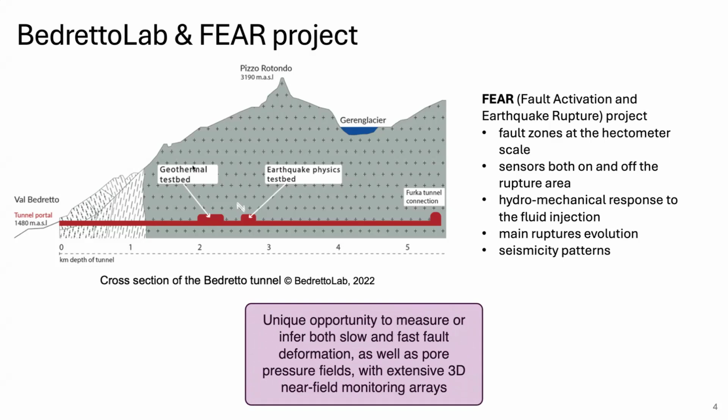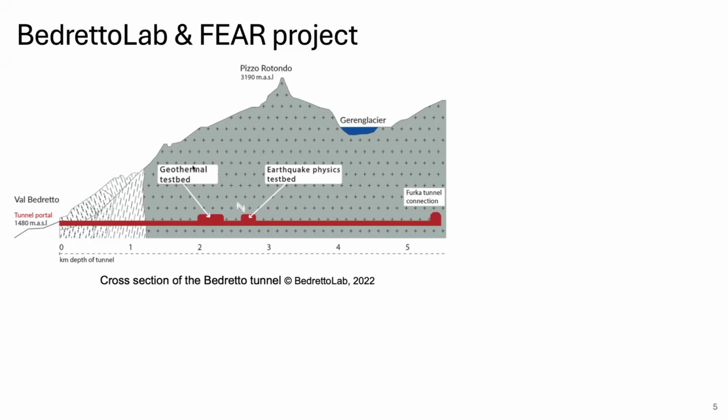Then, let's say the main goal of the FEAR project is to study the seismic and hydromechanical response of a fault zone to fluid injection. And for this purpose, we have installed sensors both on and off the fault or rupture area. And in the end, we aim to study how ruptures nucleate, evolve, and also how seismicity behaves in terms of spatiotemporal patterns related to the different fluid stimulations.